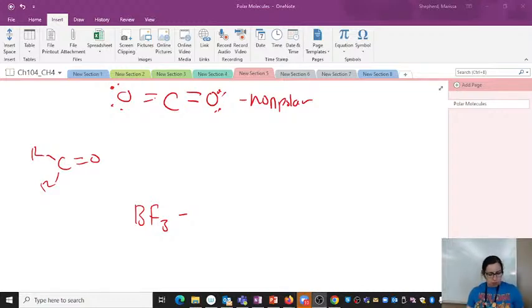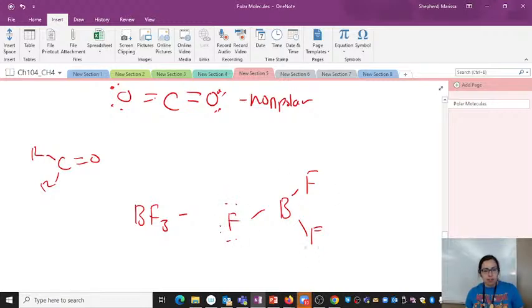So I think I see nonpolar in the chat. So right, BF3, it's trigonal planar, so you could distribute those fluorines evenly all the way around. They're symmetric by rotation. So yeah, this would be nonpolar.